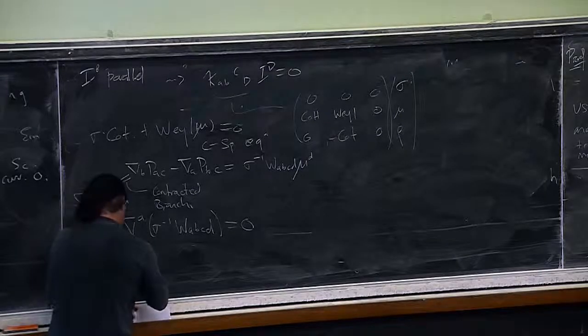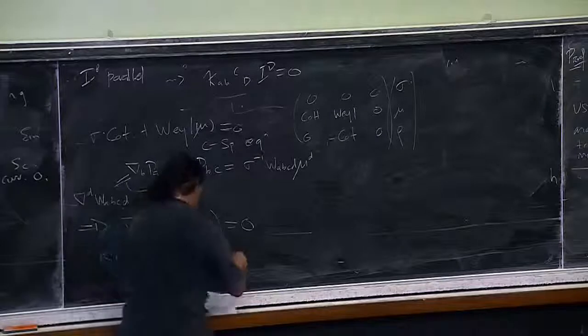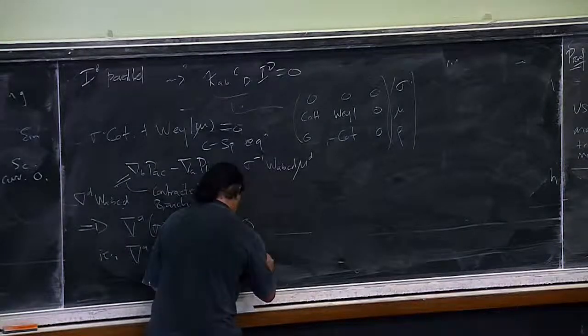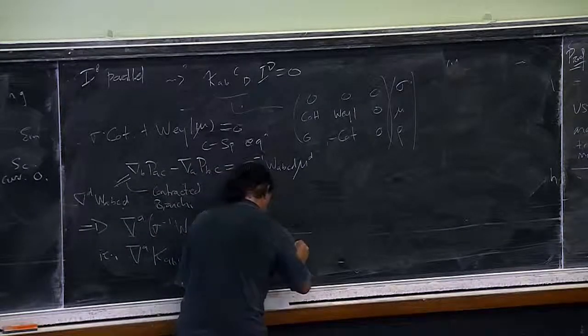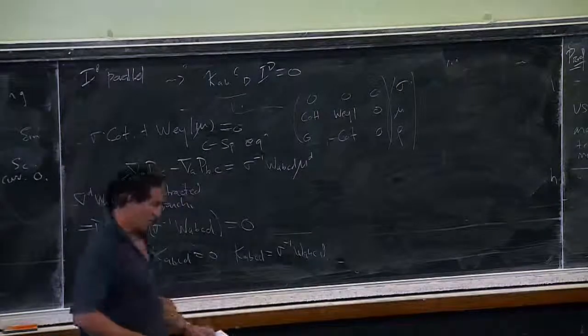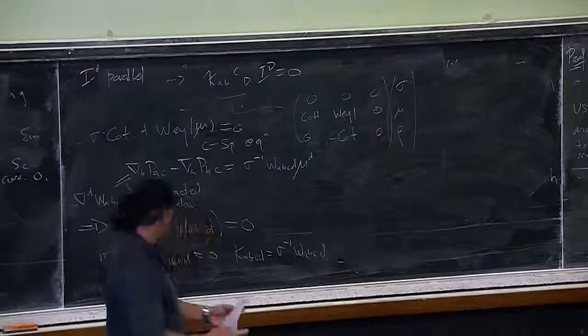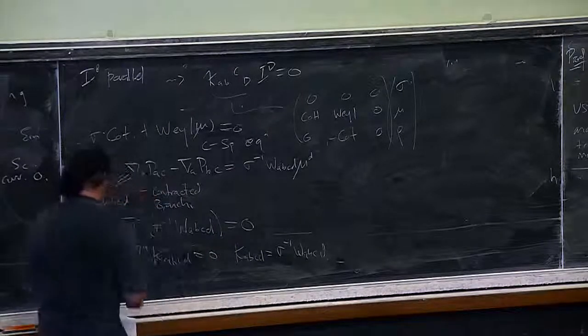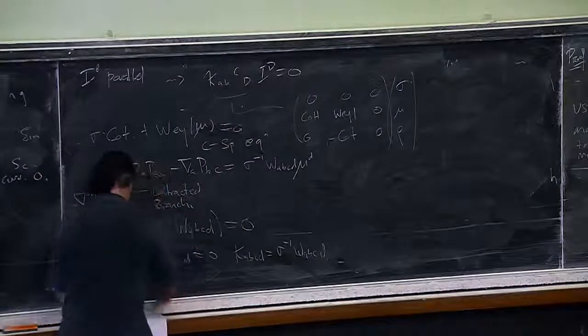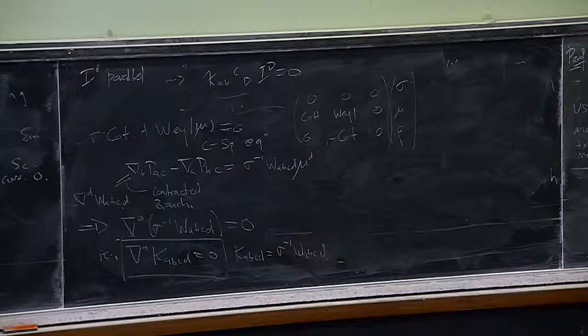That is, grad A K_ABCD equals 0, where K_ABCD is defined to be sigma to the minus 1 W. And this is the last equation in Friedrich's conformal system.